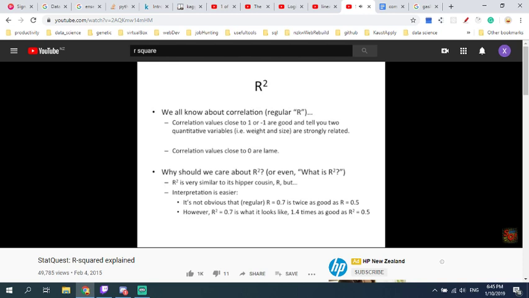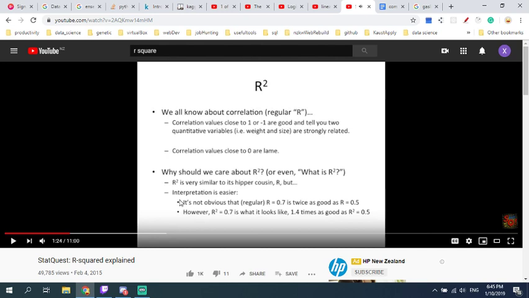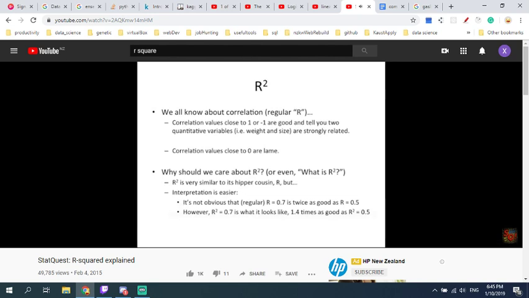However, R squared equals 0.7 is what it looks like. It's 1.4 times as good as R squared equals 0.5. The other thing that I like about R squared is that it's easy and intuitive to calculate.